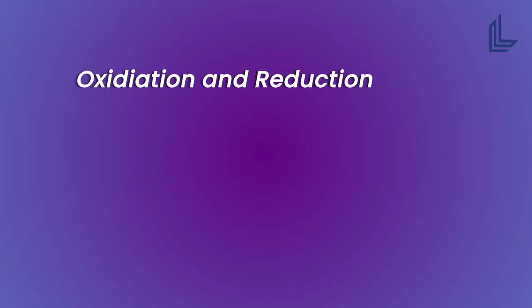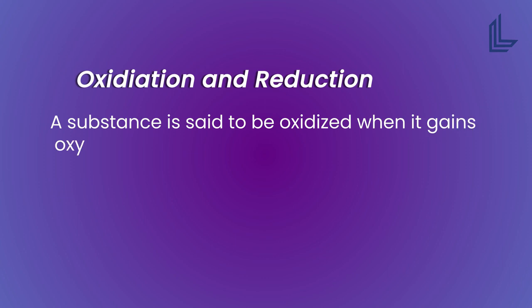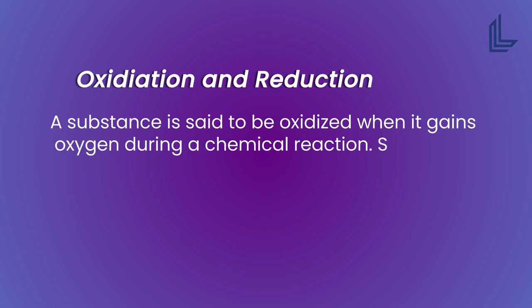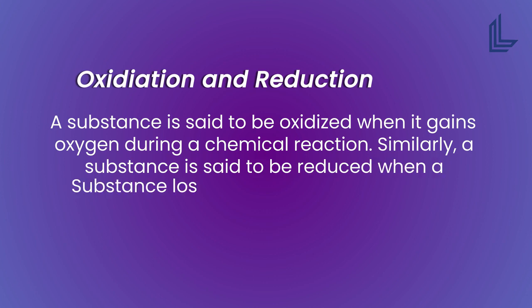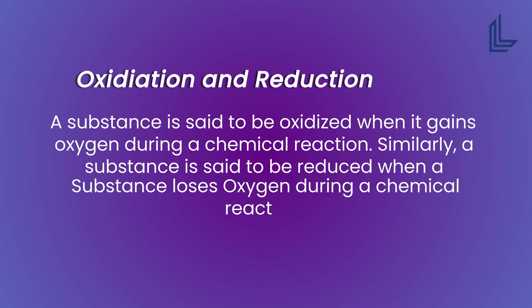Now, the next type of reaction that we'll be talking about is oxidation and reduction. A substance is said to be oxidized when it gains oxygen in a chemical reaction. Similarly, when a substance loses oxygen in a chemical reaction, it is said to be reduced. So this is what is oxidation and reduction. Let's take an example of both of these.